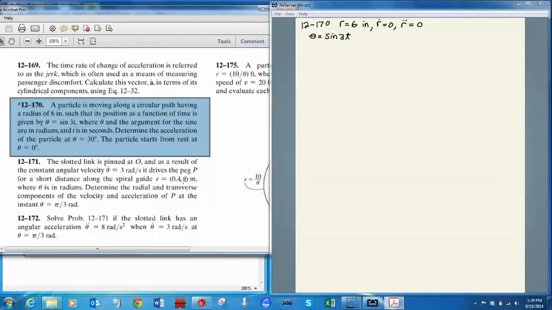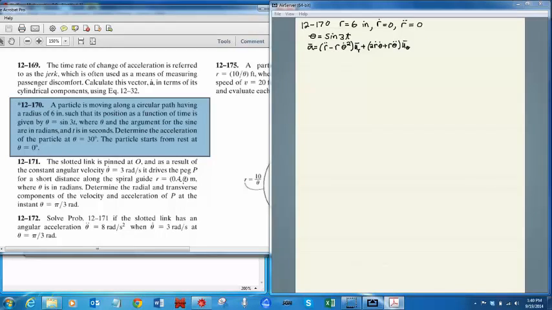In order to use the formulas, I need to know what the acceleration formula is, so I'm going to write it down here. The acceleration using r and theta is equal to r double dot minus r theta dot squared in the radial direction, plus 2 r dot theta dot plus r theta double dot in the transverse, or theta, direction.